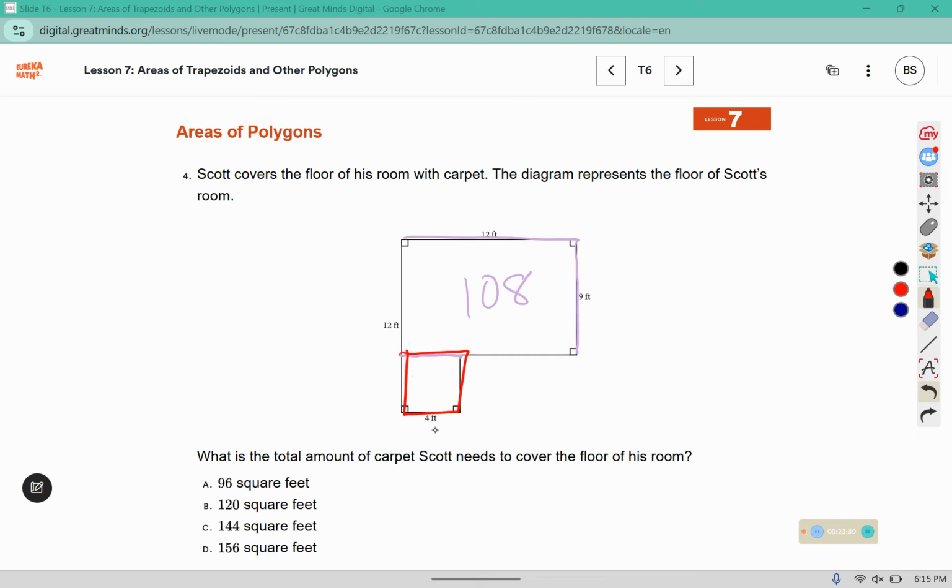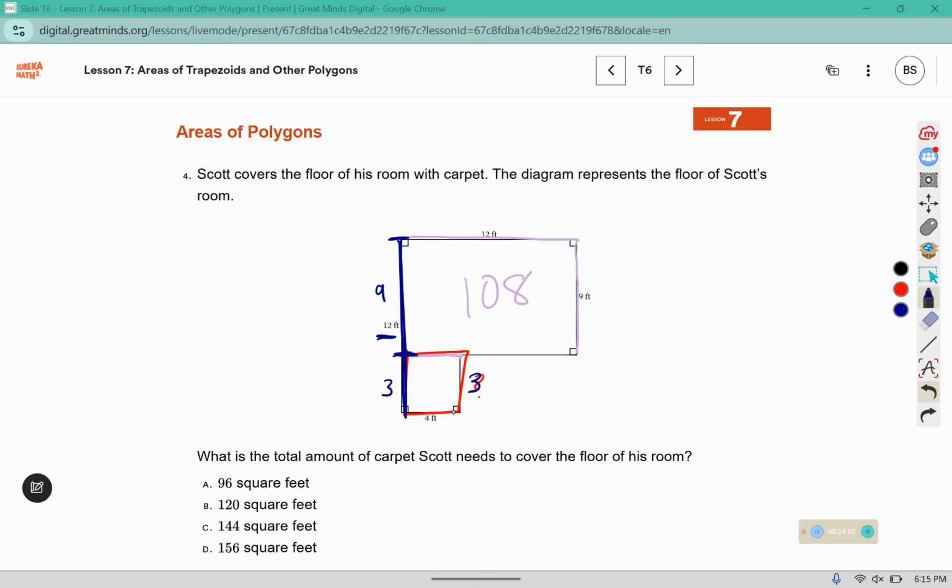This rectangle has a base of 4, but our height is missing. I know the whole height is 12, and this piece of it, from the top to here, was 9. 9 plus what number makes 12? 9 plus 3.